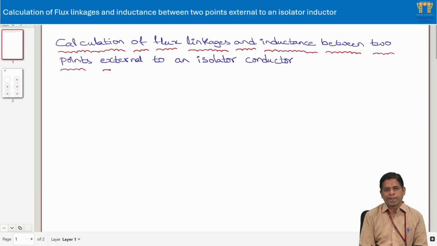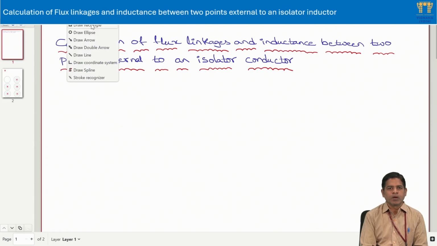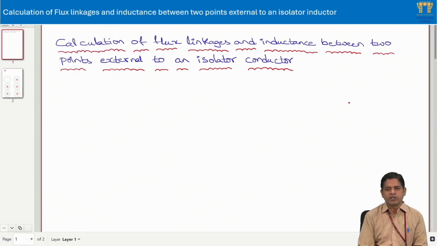And also we consider a solid single strand conductor which is of round shape. So let us consider a conductor. So let this be the conductor.